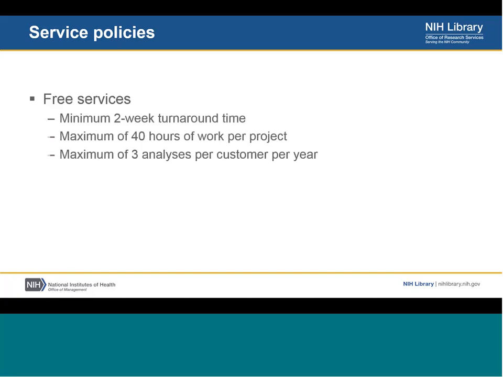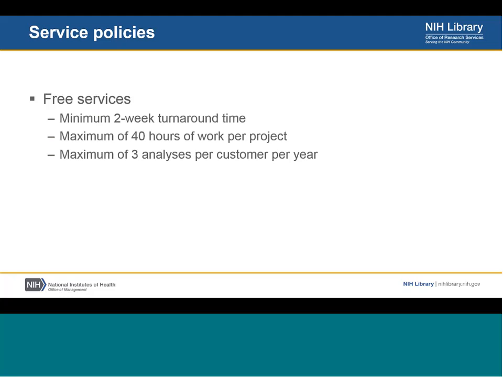So we have essentially 2 tiers of services within the library's bibliometrics program. So we have our free services, and then we have fee-based services. So we use that fee-based service as a way to protect our time while still making some of those services available for people who want us to spend a lot of time working on a particular analysis.